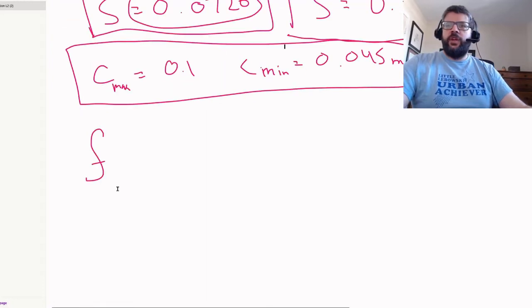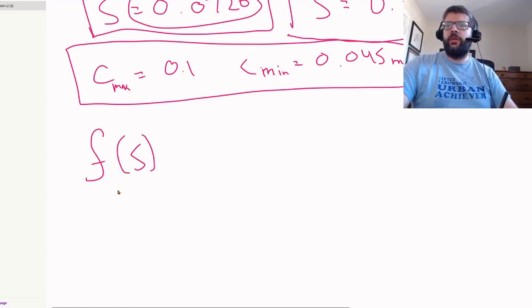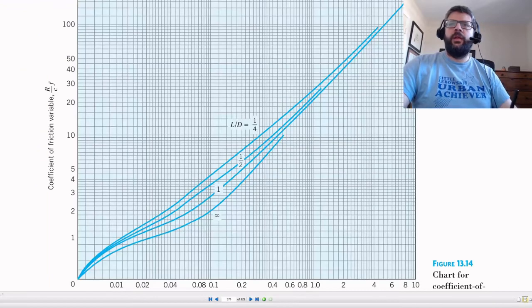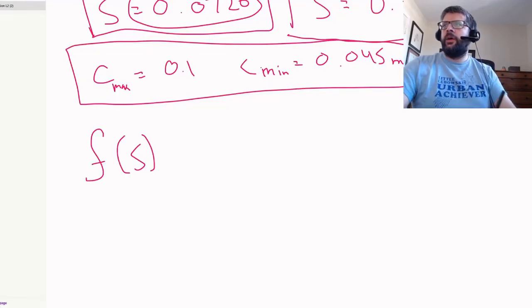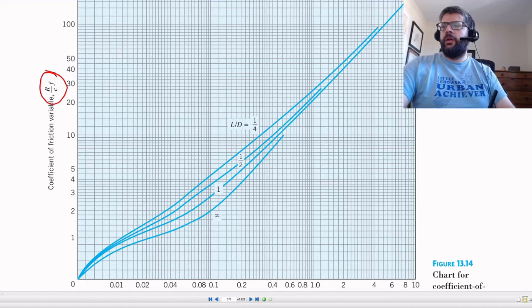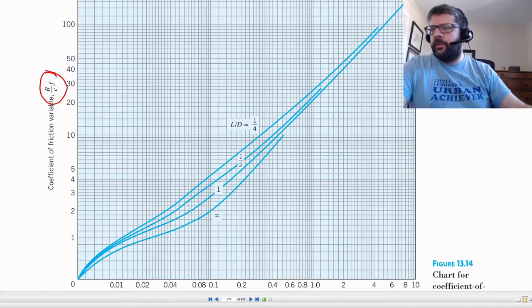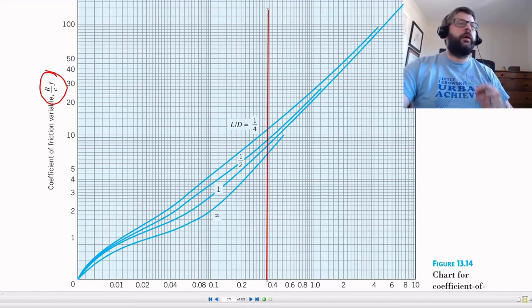So the coefficient of friction is again a function of the S, and in this case they're giving it in terms of the radius divided by the clearance times F. So looking up what we should be getting for the 0.36 value, which is going to be a higher value than what we're looking at for the minimum friction condition.